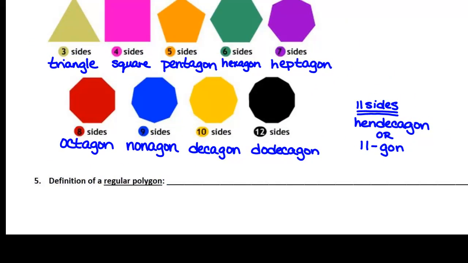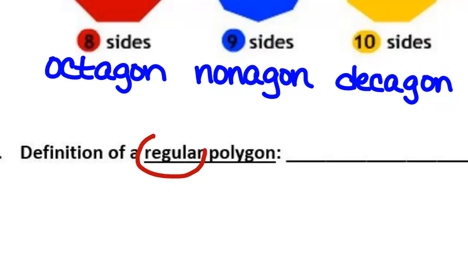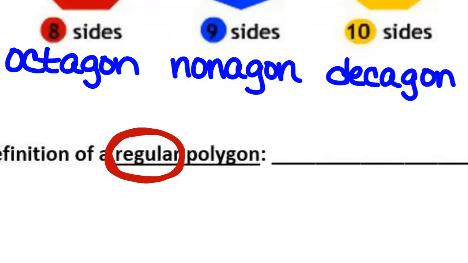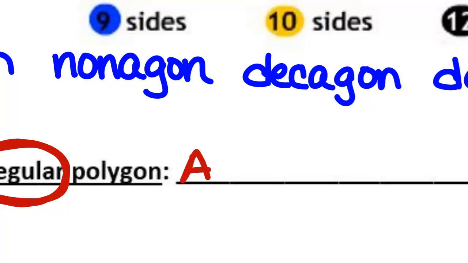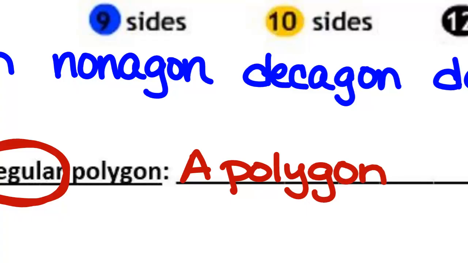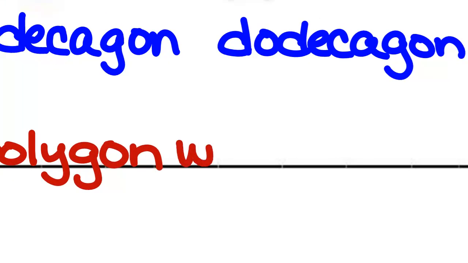A regular polygon, this word regular here is really important. When it says regular, that means this is a polygon where all sides and all angles are congruent.